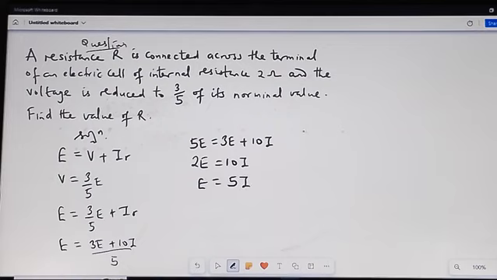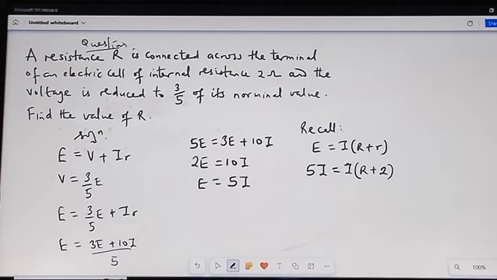So recall that E is equal to I into R plus r. E is now expressed as 5I, which is equal to I into capital R plus small r. Small r is 2.